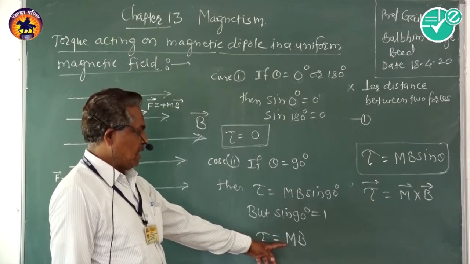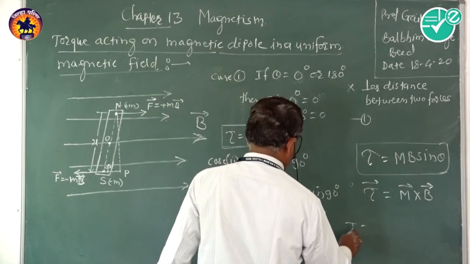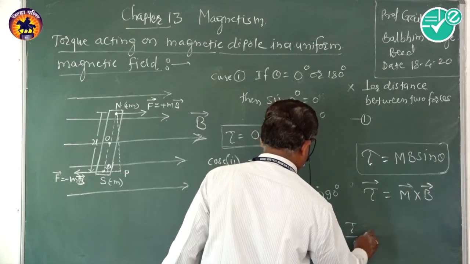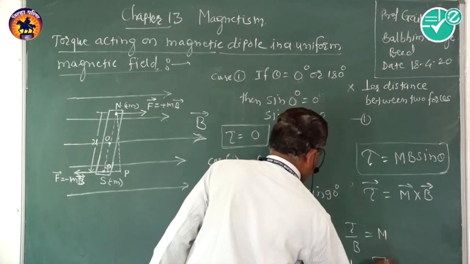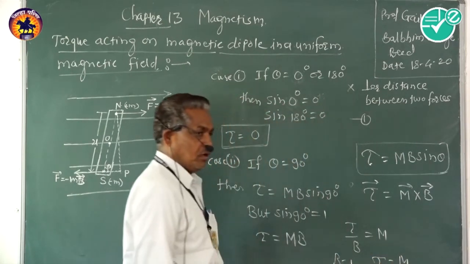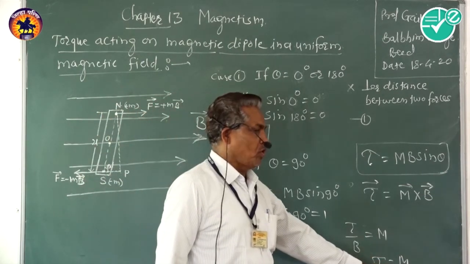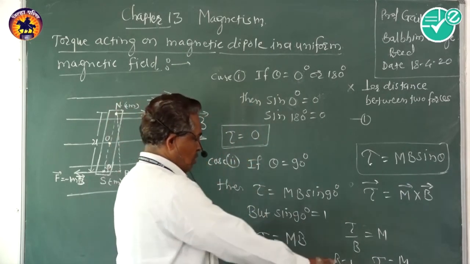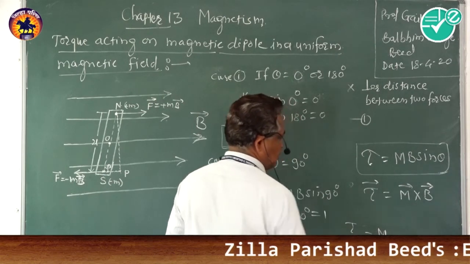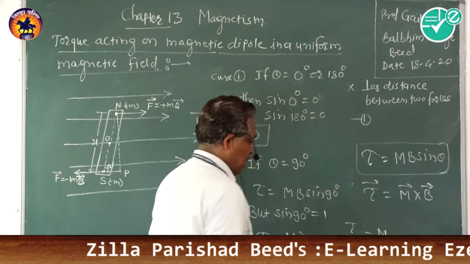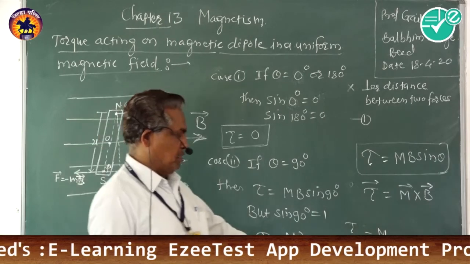The magnitude of magnetic dipole moment is tau divided by B is equal to M. And when B is equal to 1, tau is equal to M. From this equation we can define the magnitude of magnetic dipole moment as the torque acting on the bar magnet when kept in uniform unit magnetic induction.